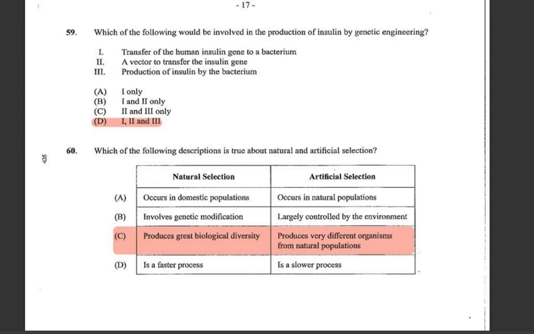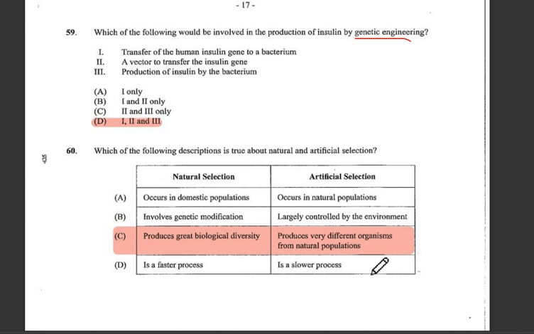So all three of them would have transpired, and this is where they mentioned insulin genetic engineering. So this would involve all of them. The answer would be all three of them.